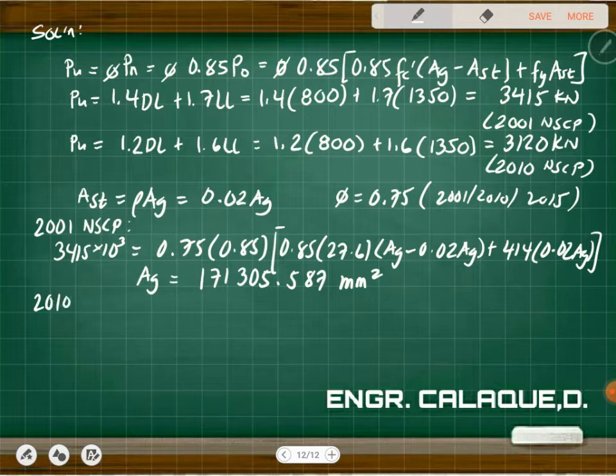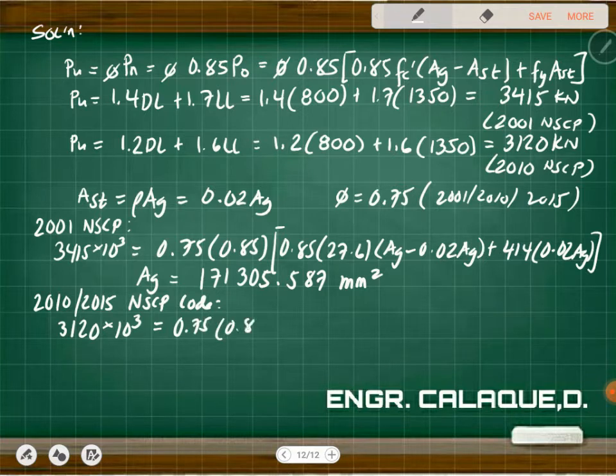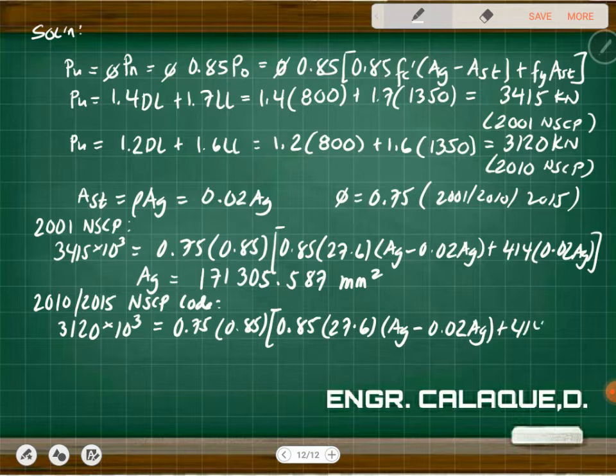For 2010 or 2015 NSCP code, so meron tayong 3120 times 10 to the power of 3. So, yung nagbago lang is yung load lang, no? Then, the same pa rin yun dito. 0.85 times 27.6 times area gross, 0.02 area gross plus 414, 0.02 area gross.